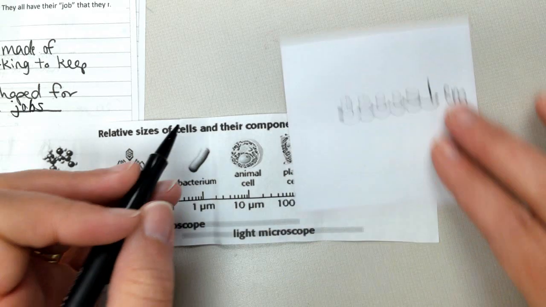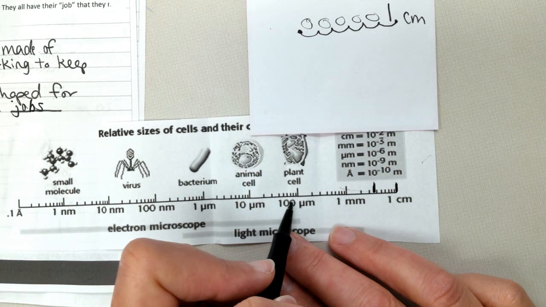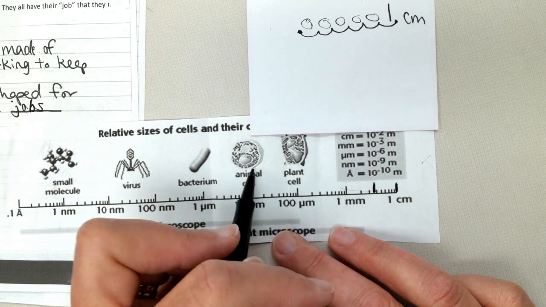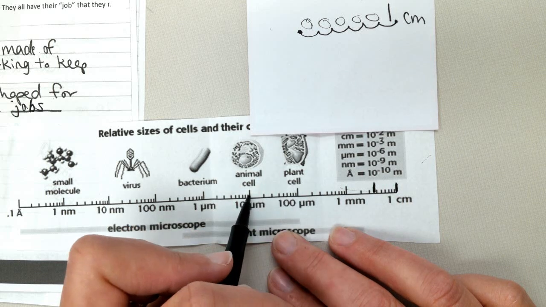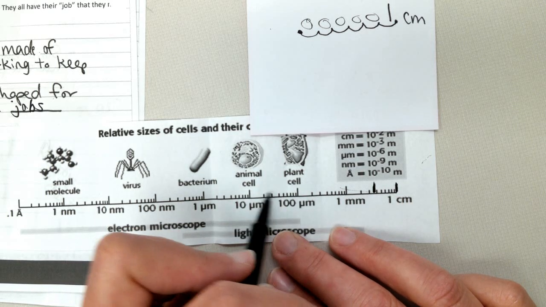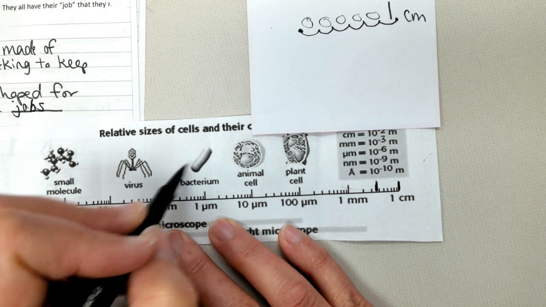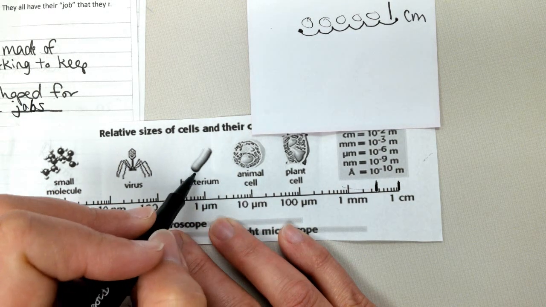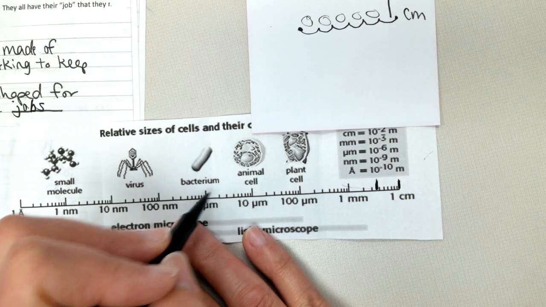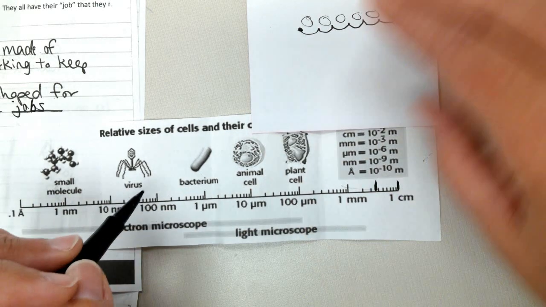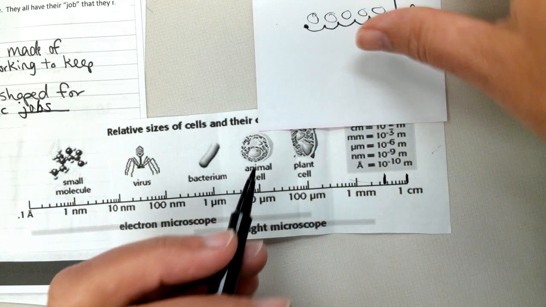And then when we get down to animal cells, those are 10 times smaller than a normal-sized plant cell. We get down to bacteria, those are 10 times smaller than an average animal cell. Y'all, when we get down to viruses, we've moved down to a -9.